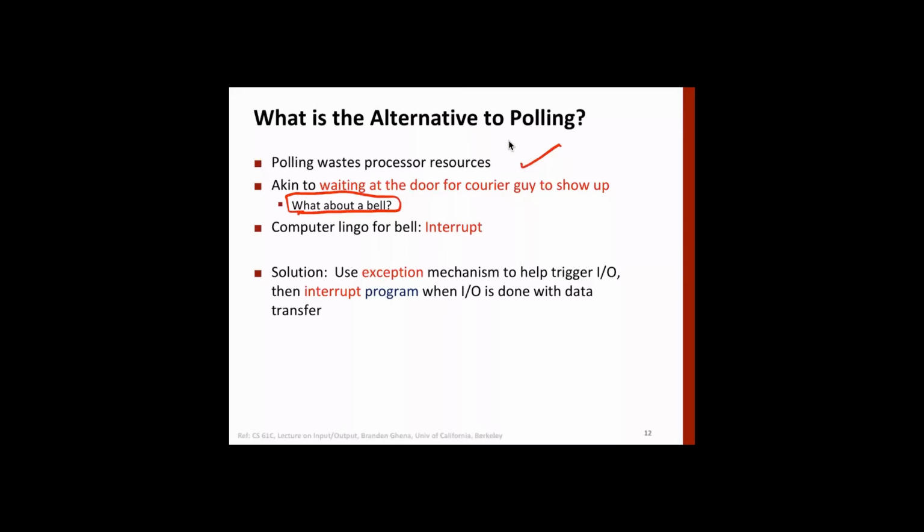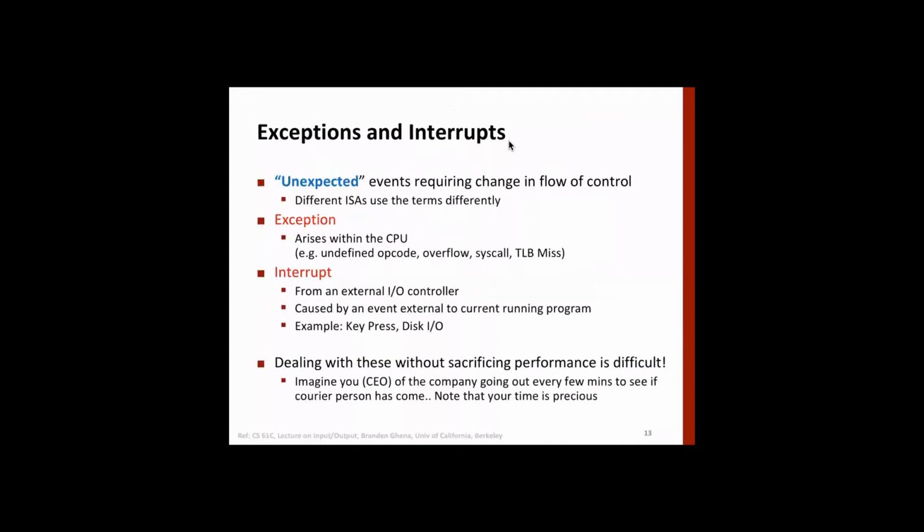So the CPU will stop whatever it is doing and run an interrupt handler, or exception handler, and that handler will go and take the data from the mouse and hand it over to the CPU, and once that's over, the CPU can start its work. Okay, so let's see how it happens.